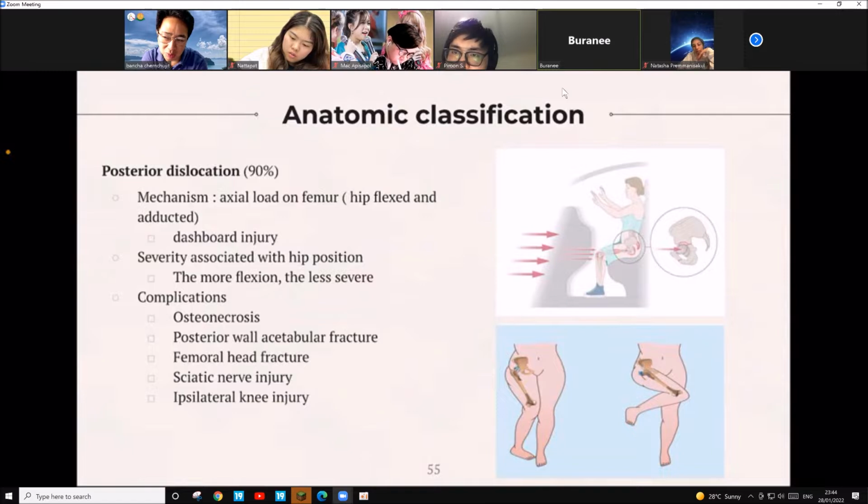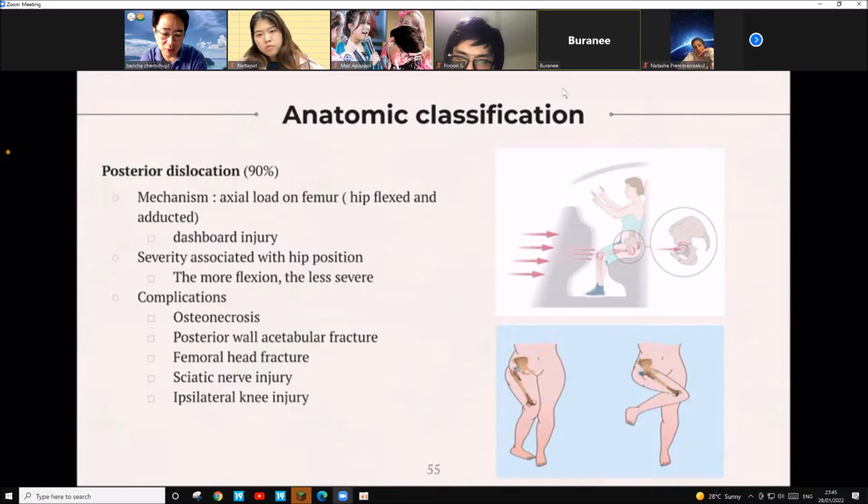That is a worse prognosis, right? And difficult to treat. So flex the hip deeply and adduct, and when you hit something, it will be a simple dislocation. Understand? But if you abduct the hip in a dashboard injury, you have acetabular fracture.